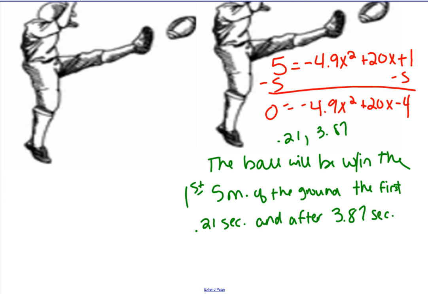So the first 0.21 seconds, it's going to be within 5 meters, and then it's above 5 meters. And then it's coming back down, and after 3.87 seconds until it hits the ground, that's where it's below 5 meters. That's what we just found.